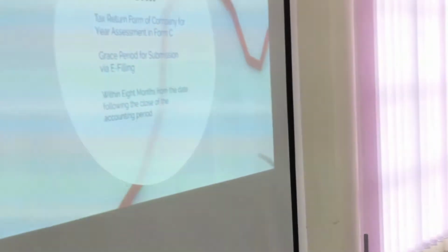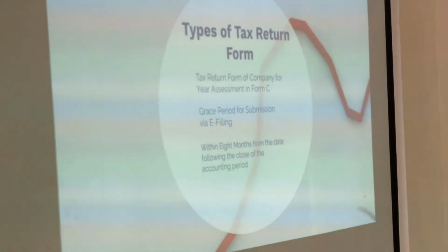So if the company fails to submit the Form C, which is the tax return form, a penalty equal to the treble amount, or triple the amount of tax, can be imposed under section 112 subsection 3 of the Income Tax Act 1967, based on the due date of submission.